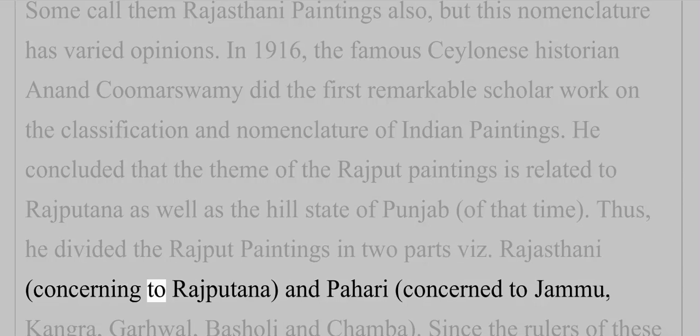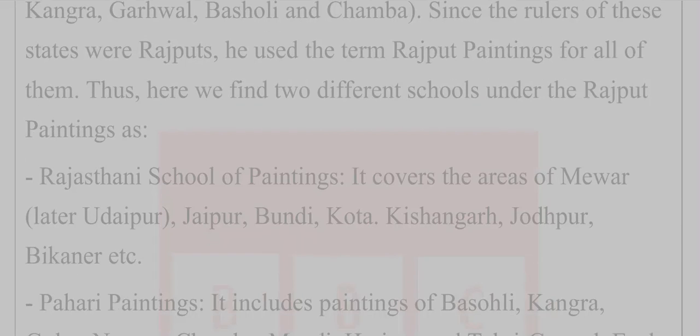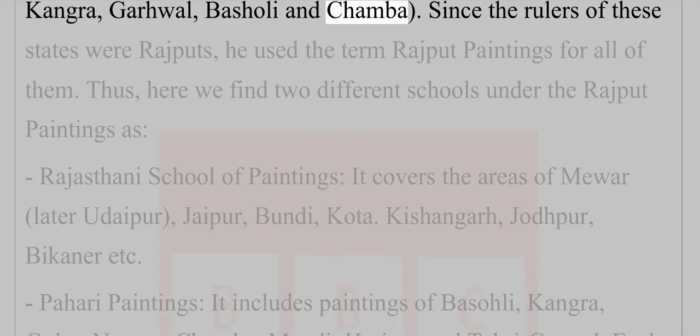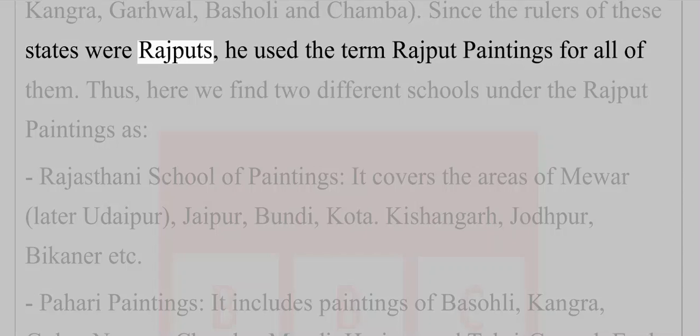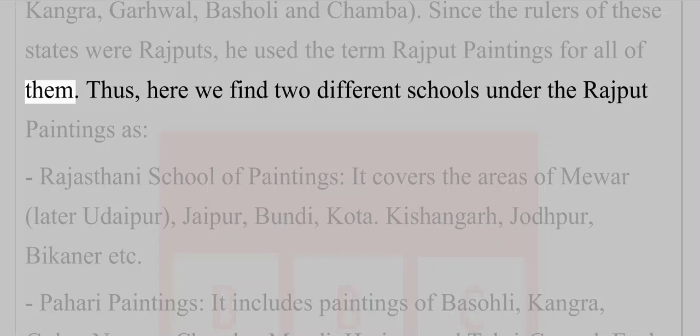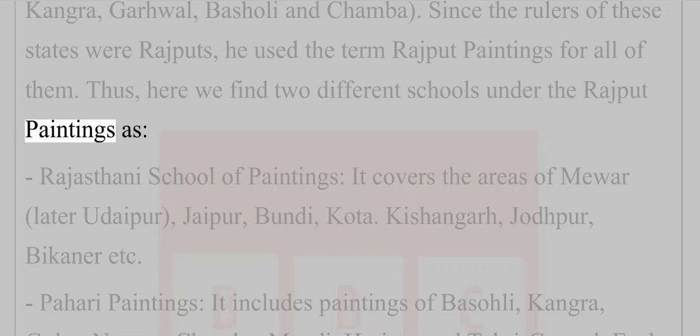Rajasthani, concerning Rajputana, and Pahadi, concerning Jammu, Kangra, Garhwal, Basholi and Chamba. Since the rulers of these states were Rajputs, he used the term Rajput paintings for all of them. Thus, here we find two different schools under the Rajput paintings.